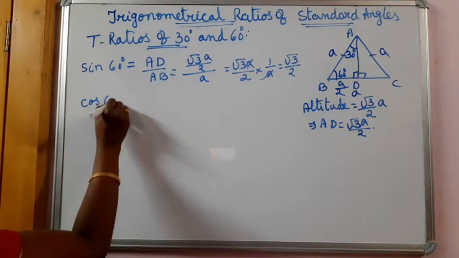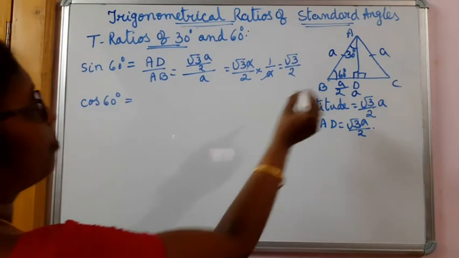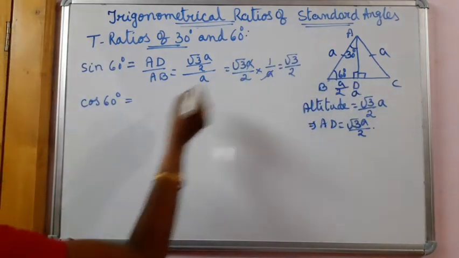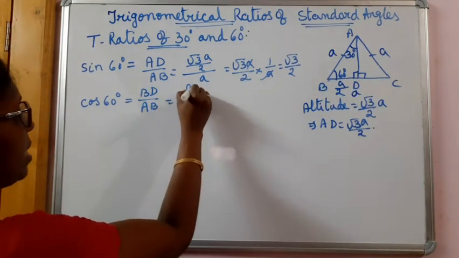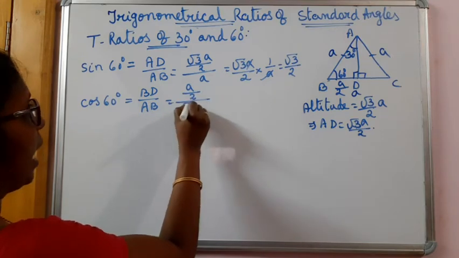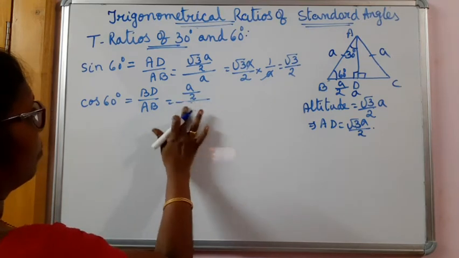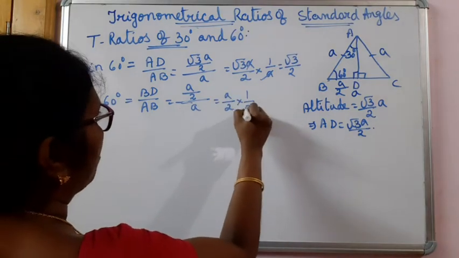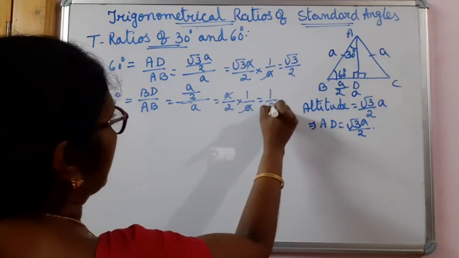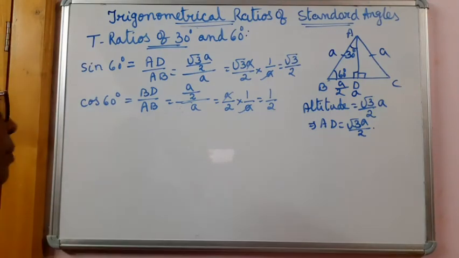In the same way, cos 60 degrees is equal to base by hypotenuse, that is BD by AB. Base is A by 2 and AB is A. So A by 2 into 1 by A. When A is cancelled, we get 1 by 2.